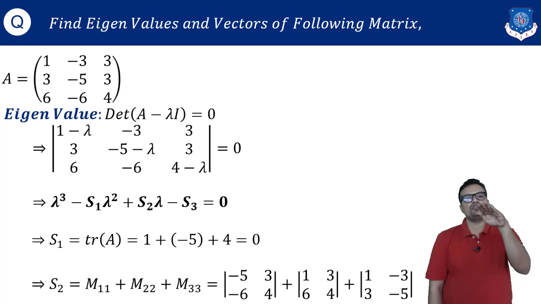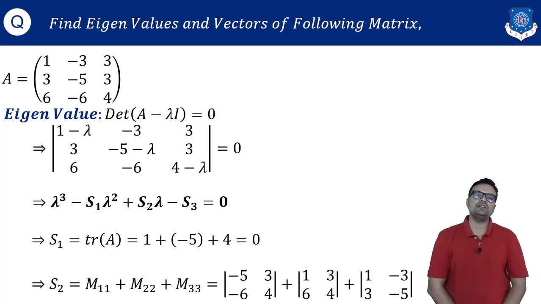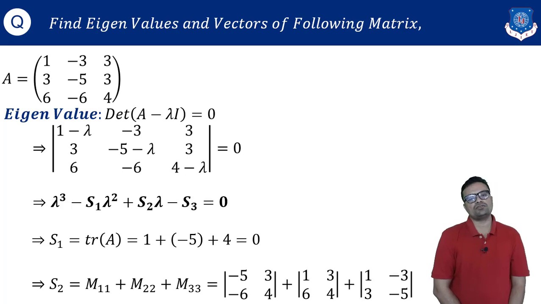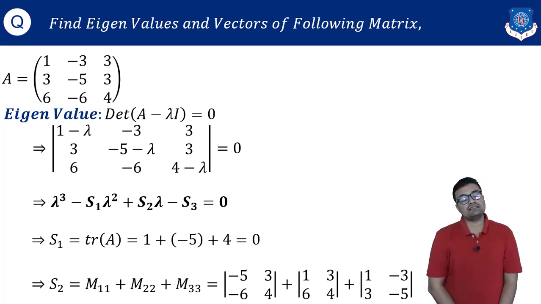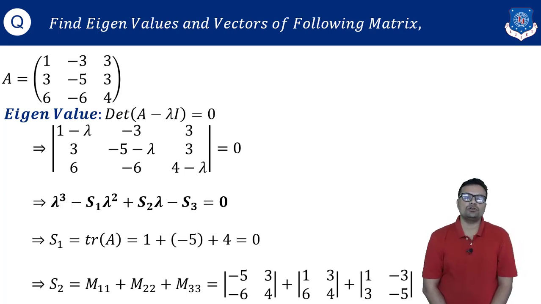Now at this junction you have two techniques. First technique is you just expand this determinant and then you find the equation. But the technique which I will suggest you to follow is this. You remember this formula, lambda cube minus S1 lambda square plus S2 lambda minus S3 equal to 0.